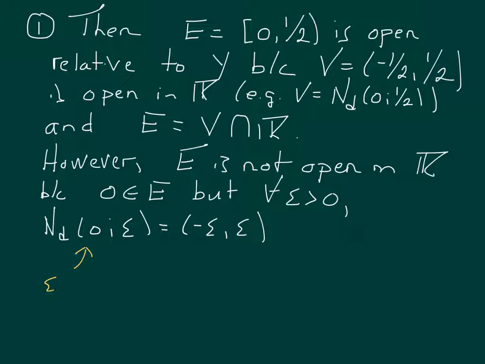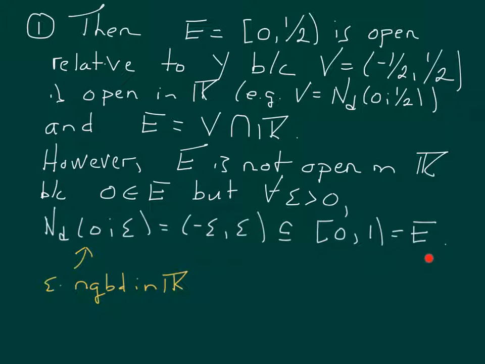This is the epsilon neighborhood in our original metric space R, using the notation we introduced in class. This is certainly not going to be contained in this interval here, which is E. So, therefore, we can say that E is not open.